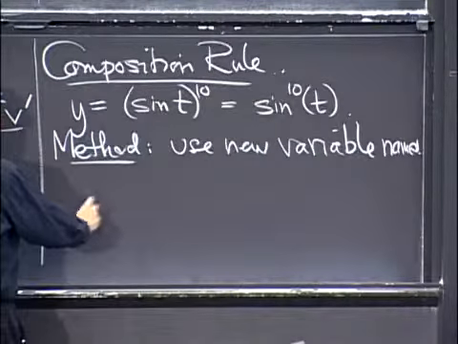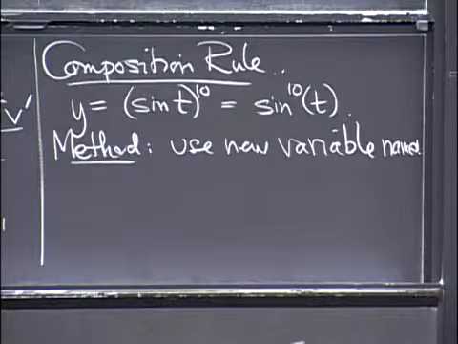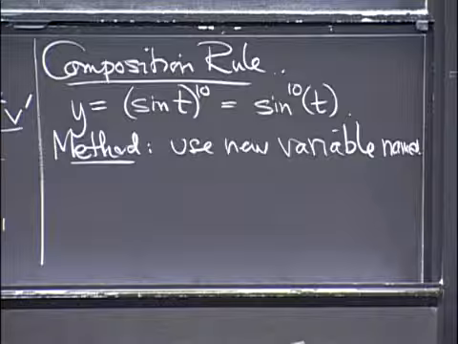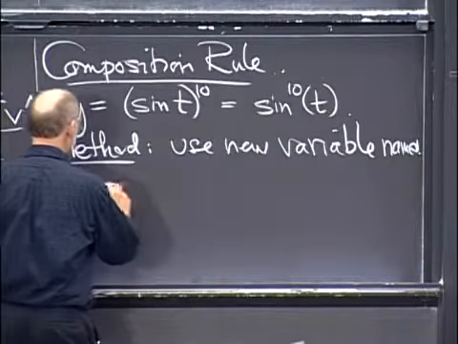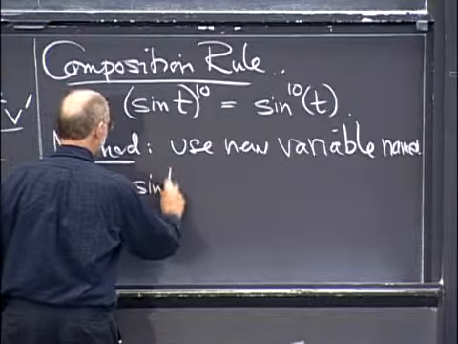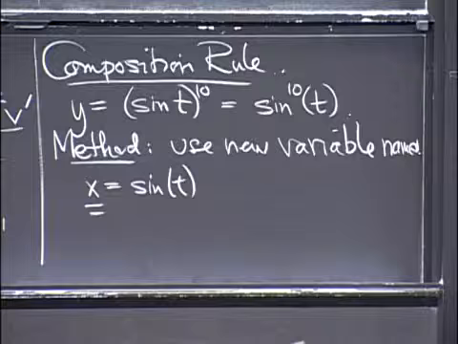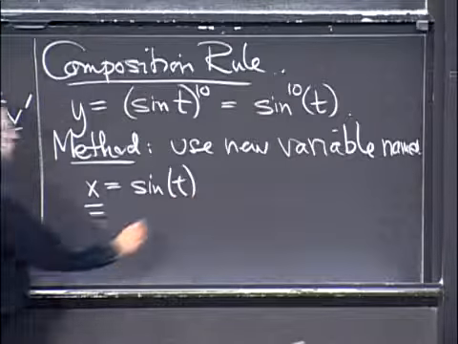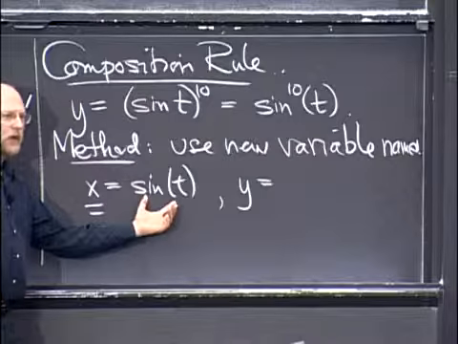What I mean is, I can think of this sine of t raised to the 10th power as a two-step process. First of all, I compute the sine of t, and let's call the result x. There's the new variable name. And then I express y in terms of x. So y says take this and raise it to the 10th power.